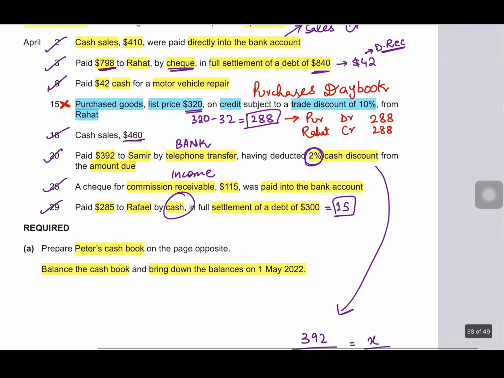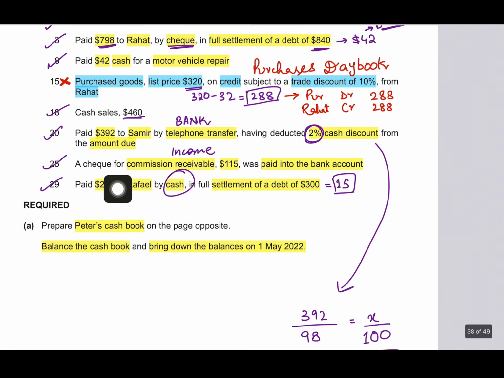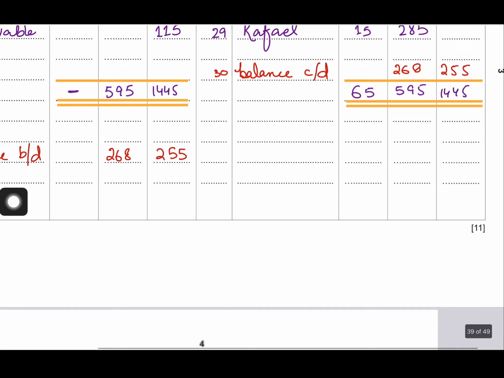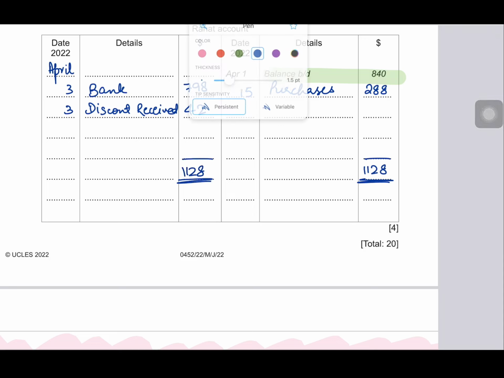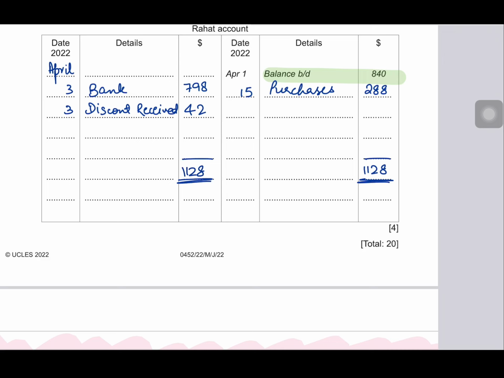Is that it? Any other transaction related to Rahat? Samir commission? No, that's it. Now we just have to balance the account. The credit side is heavier, of course, because it's a supplier account. 288 plus 840, the total would be 1128, both sides 1128, and my balance carried down on April 30th on the debit side would be 1128 less 42 less 798, that is 288.